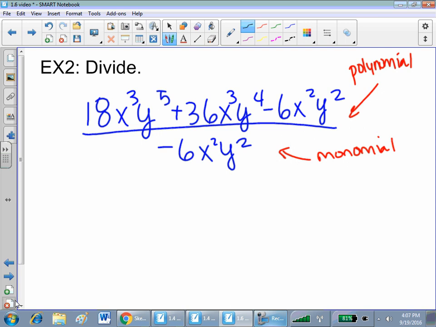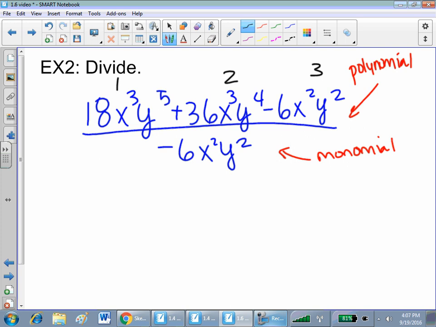-6x squared, y squared is all 1 term. That's a monomial. So if I want to divide by that, I need to divide everything in the numerator by that. So we're going to go kind of step by step. Notice here there's 3 terms on the top. 1, 2, 3 terms. Remember, terms are separated by addition and subtraction. So that means I have to divide each of those 3 terms by the denominator.